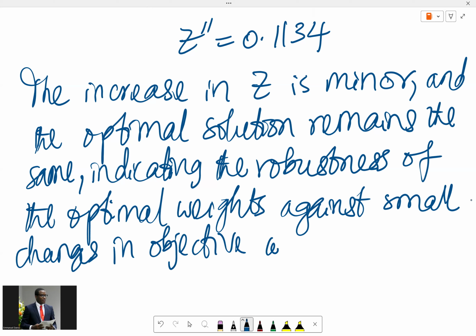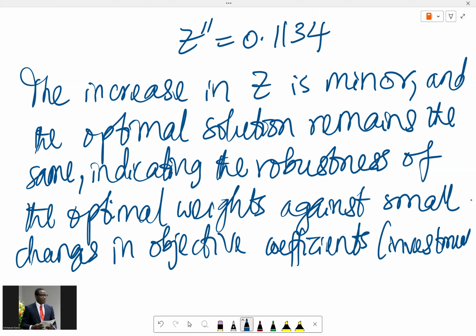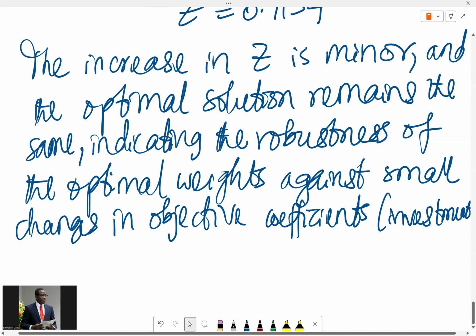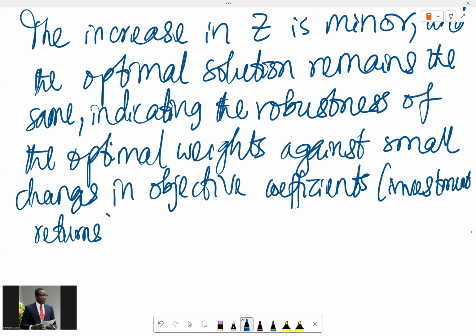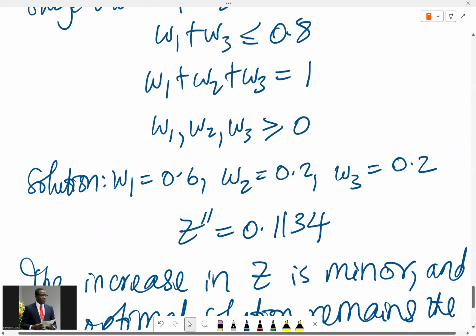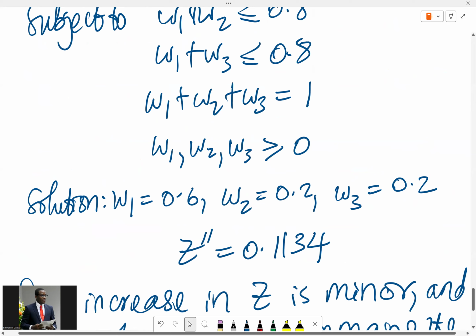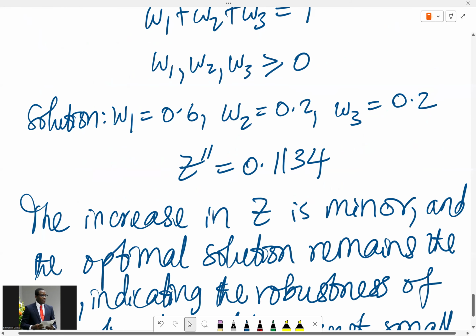Of course, the objective coefficients here are like investment returns. So decreasing the coefficient by 5% means reducing all the investment returns by 5%, and increasing by 5% means increasing all the investment returns per unit by 5%. So what this is telling you is that if you increase the investment returns by 5% each, the optimal solution still remains the same.